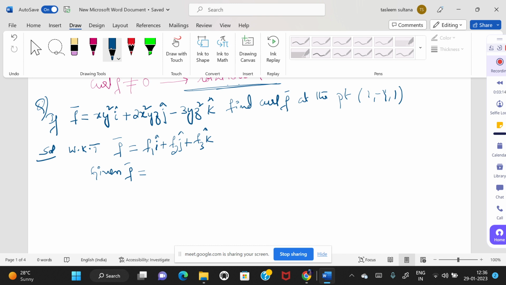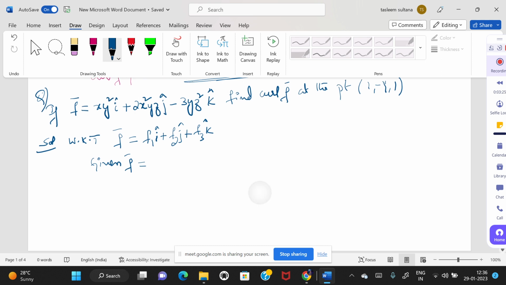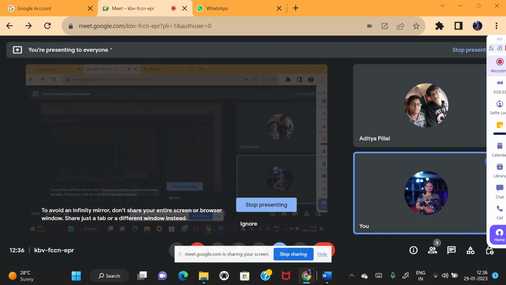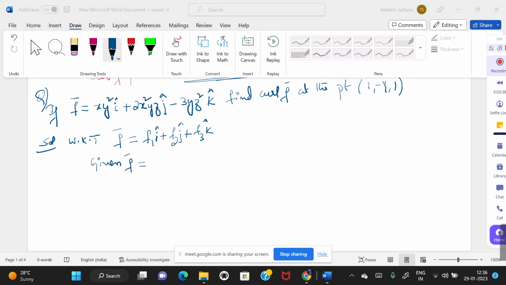Now you are able to see? Yes, ma'am, I can see it now. Shall I proceed with the problem? Aditya, are you able to see the screen? Aditya, are you there? Yes, ma'am, now I am able to see the screen.